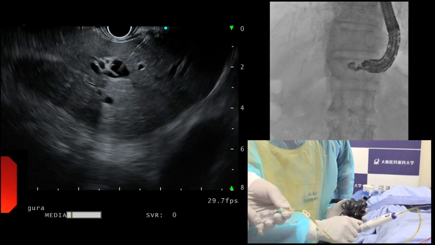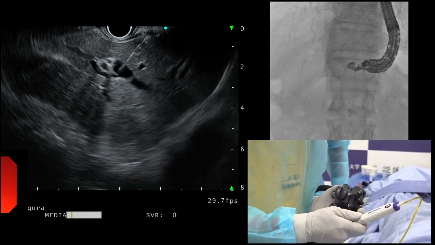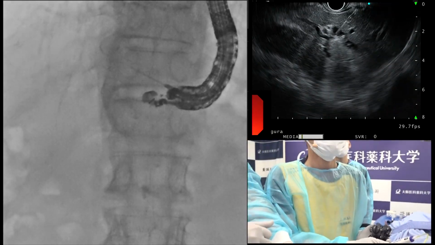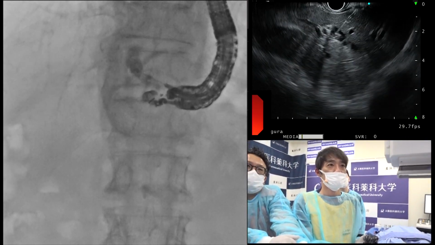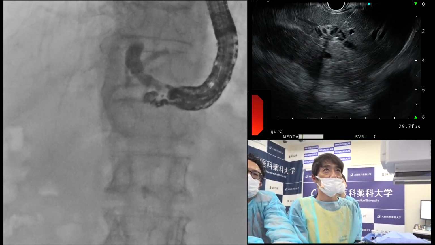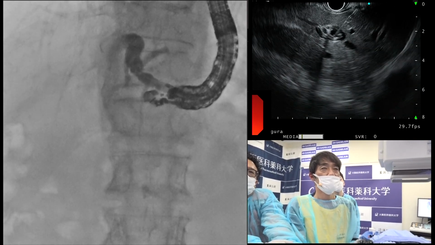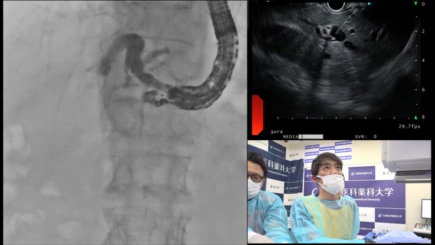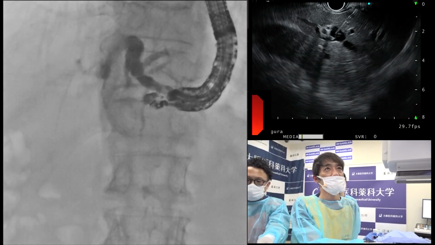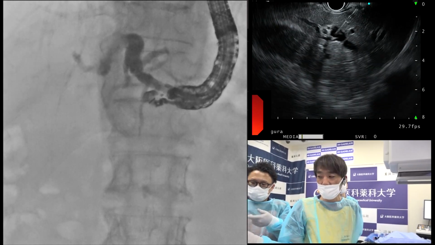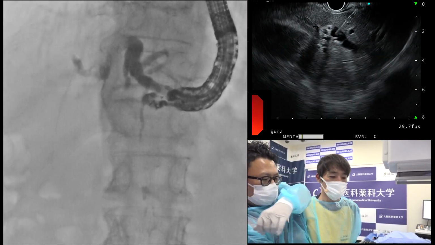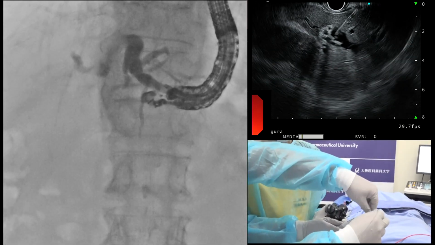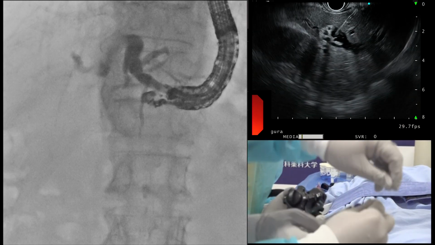Very aspiration. Next we insert the contrast medium. So you usually inject the contrast medium before obtaining the left hepatic bile ducts. Next we insert the guide wire.